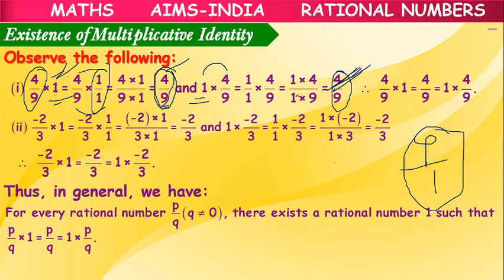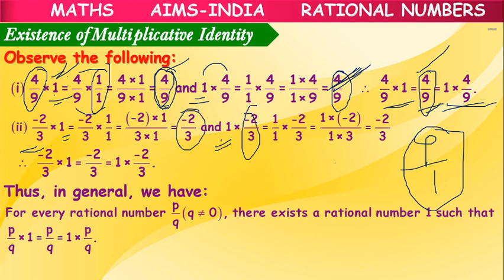So here 4/9 into 1 or 1 into 4/9, both result in the same rational number which we have taken, that is 4/9. Or with -2/3, if you multiply 1, the result is -2/3. Or if 1 is multiplied with -2/3, the result is -2/3. Means -2/3 into 1, 1 into -2/3, both result in -2/3.